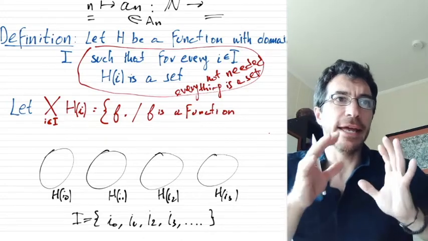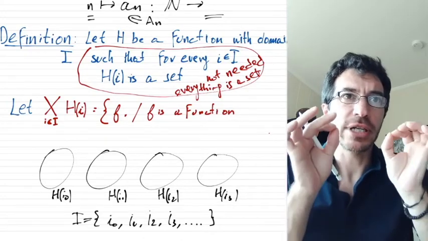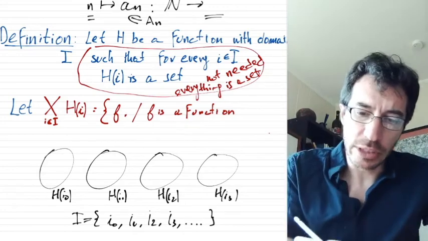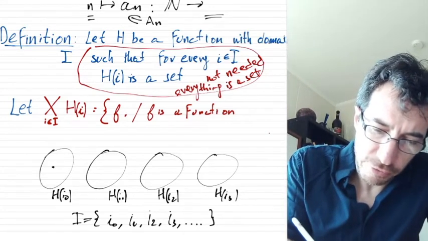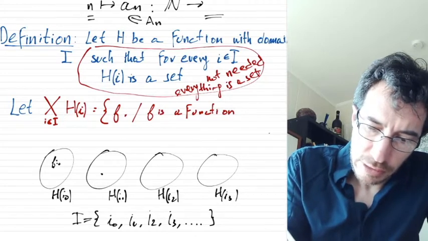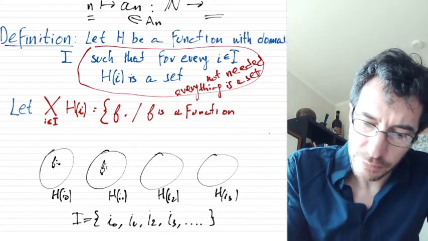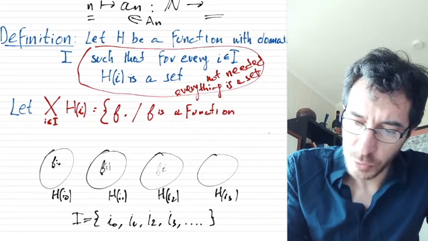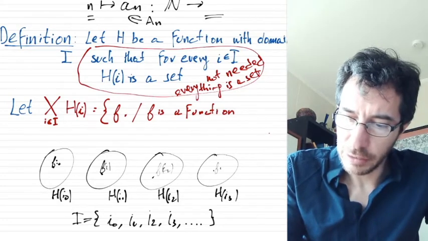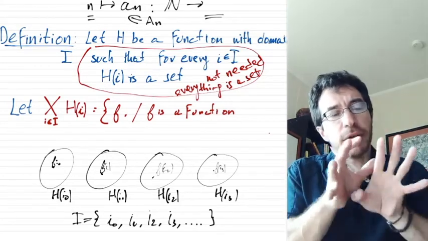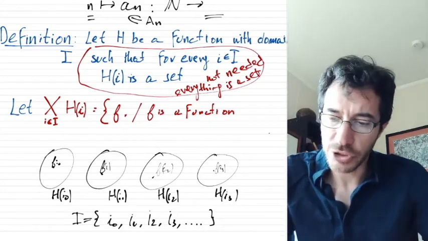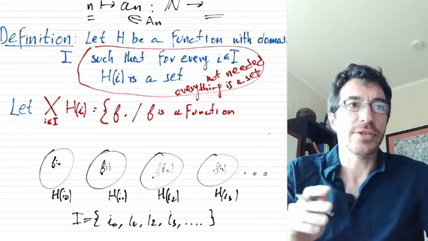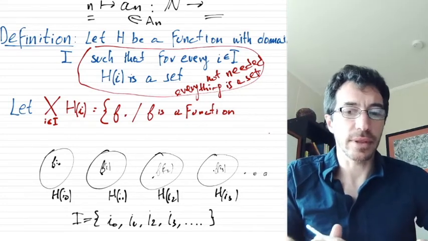And the elements of our products are going to be these functions, and what these functions are doing is picking one element from each: f of I0, f of I1, f of I2, and here f of I3. So each element of our Cartesian product is going to be picking one element from each set, and there are more sets going on as you go that way, right?